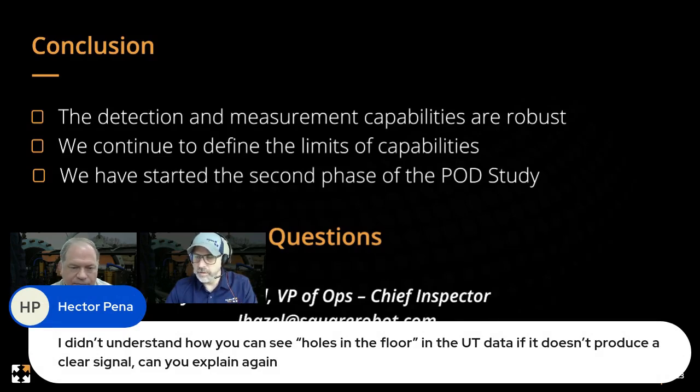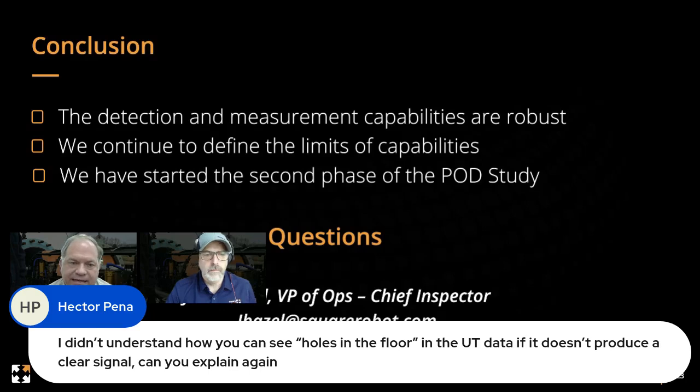I didn't understand how you can see holes in the floor in the UT data if it doesn't produce a clear signal. Can you explain again? In this particular case, what we would really see is the absence of data, which produces the confirmation that there's a potential hole there.